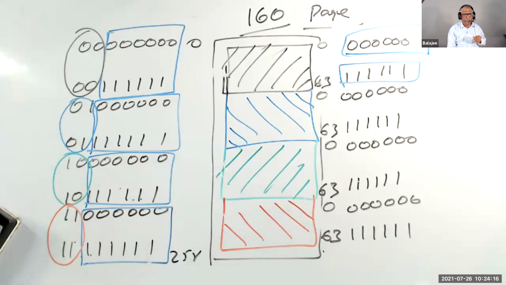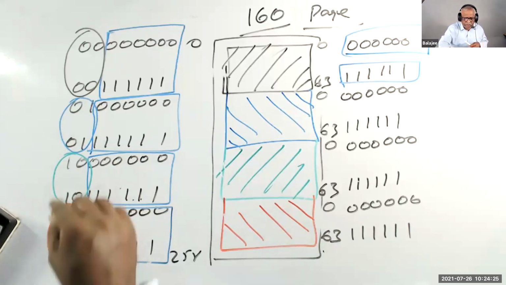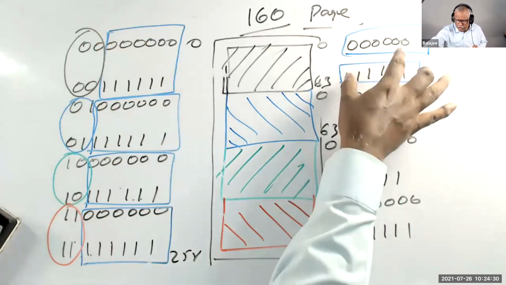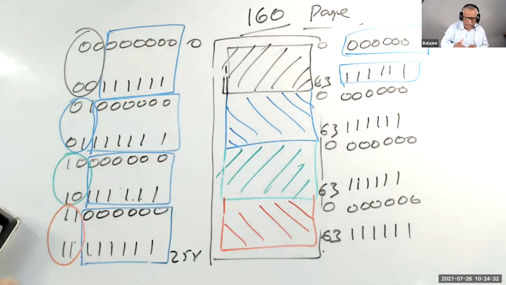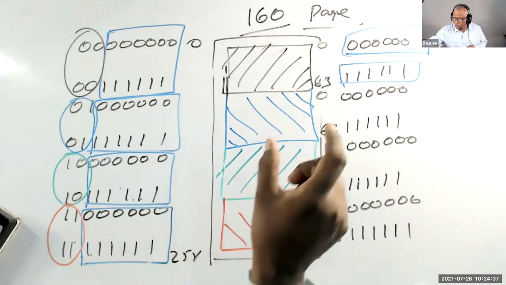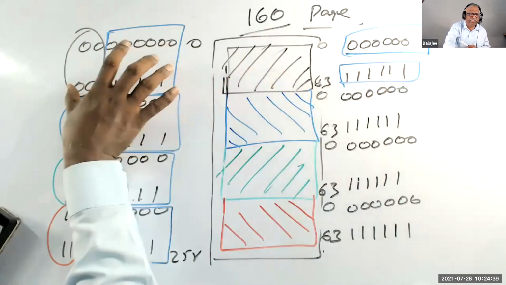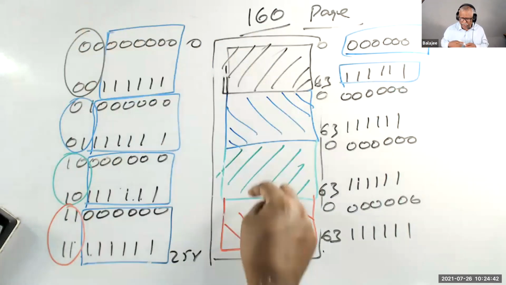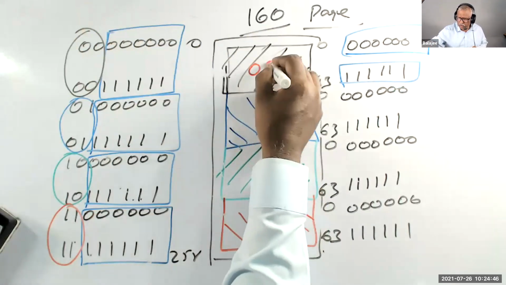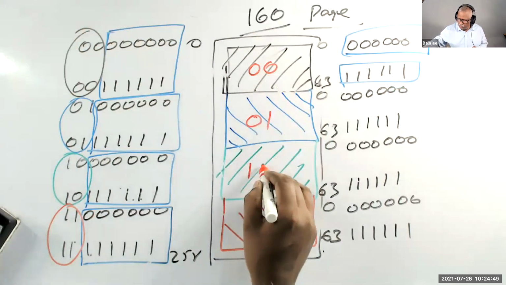Okay, try to understand this. What is common and what is not common? The 64 pages are common everywhere, and what is not common is the first 2 bits. So you had 6 bits and you extend it to 8 bits because you added 4 combinations: 0, 0, 0, 1, 1, 0, 1, 1.